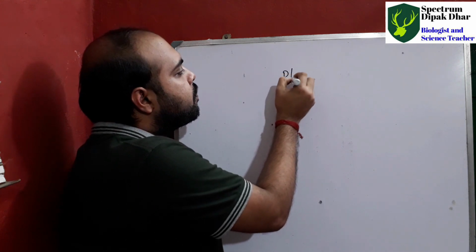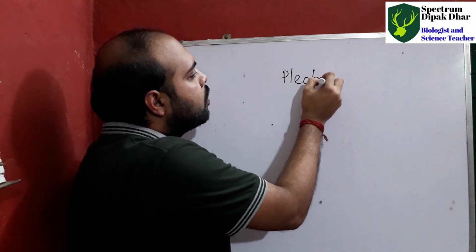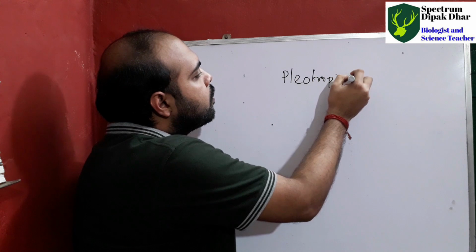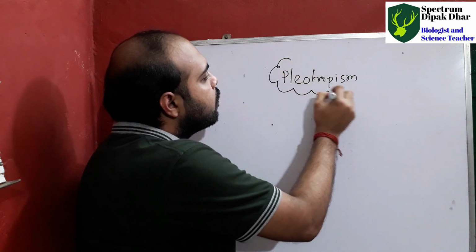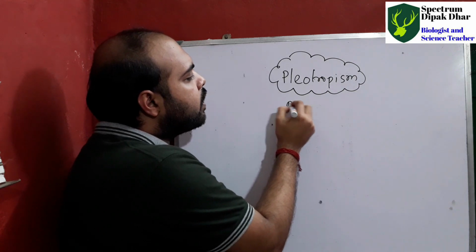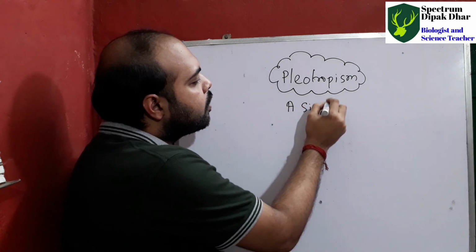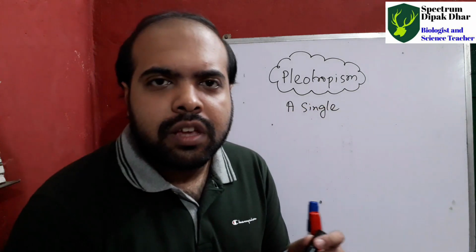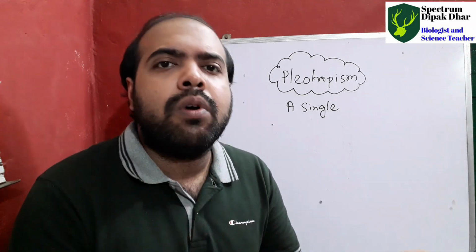Pleiotropism means when a single gene is controlling more than one character.